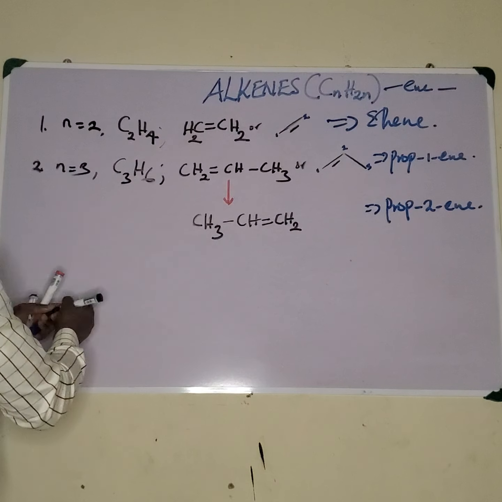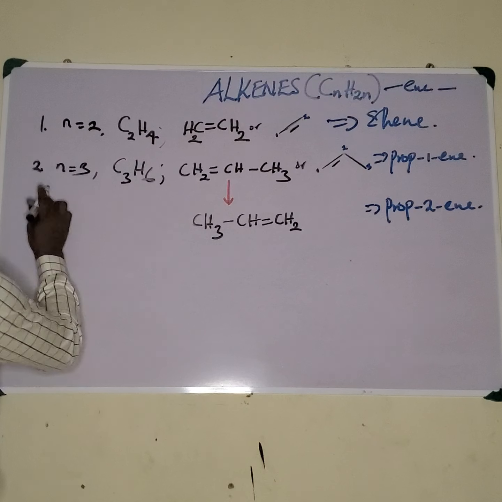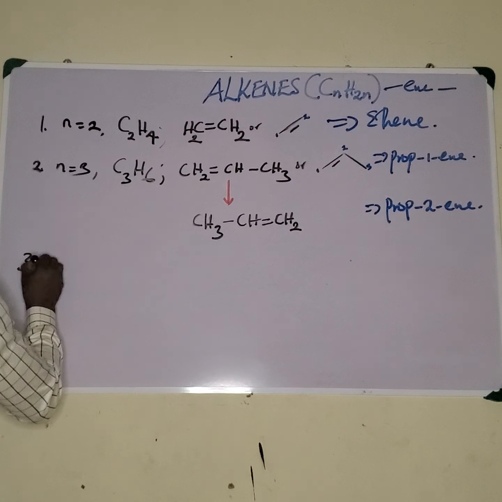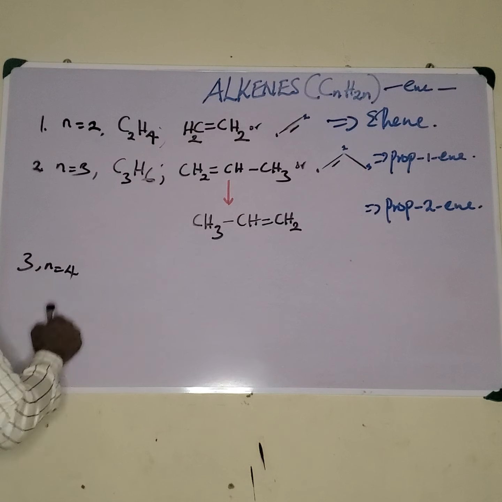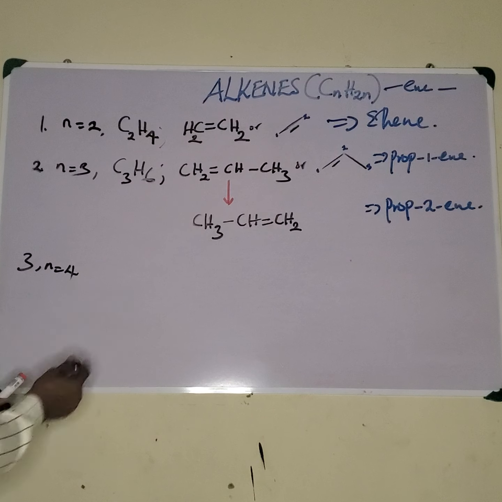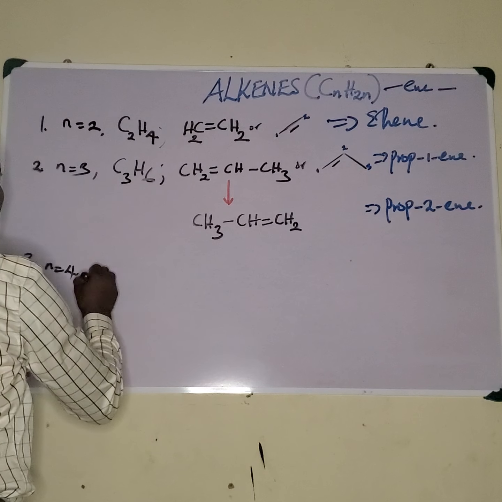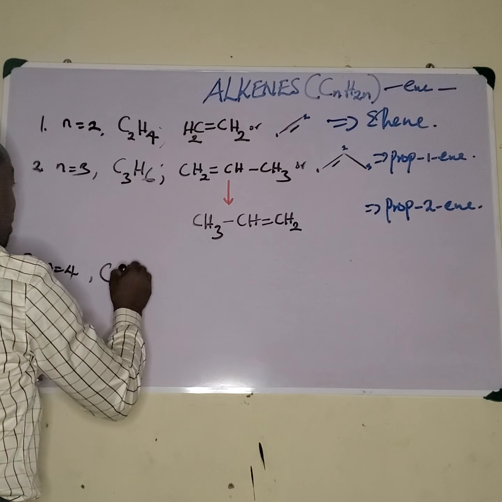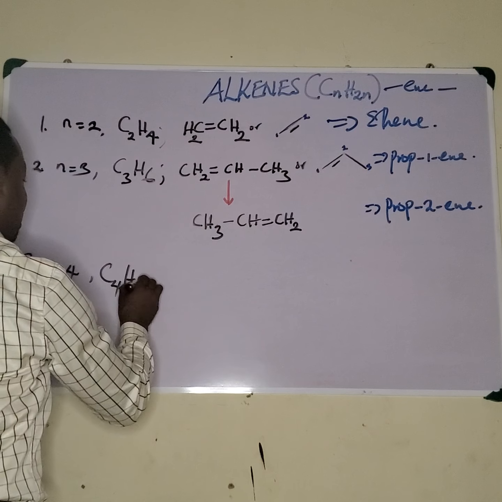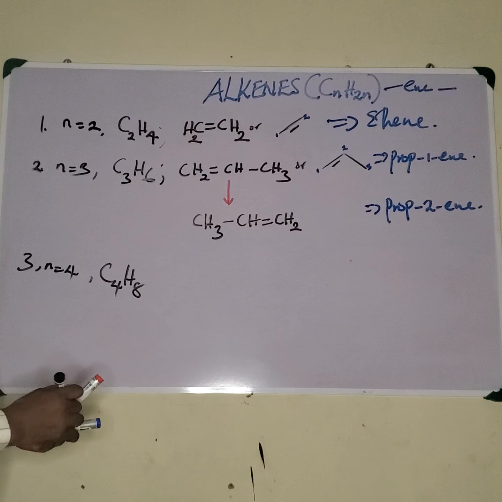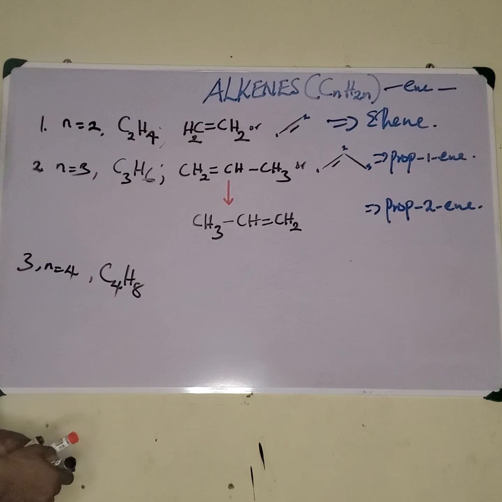Okay, let's go to the third one, when n is equal to 4. Which means we are going to have C4H8, which is butene.